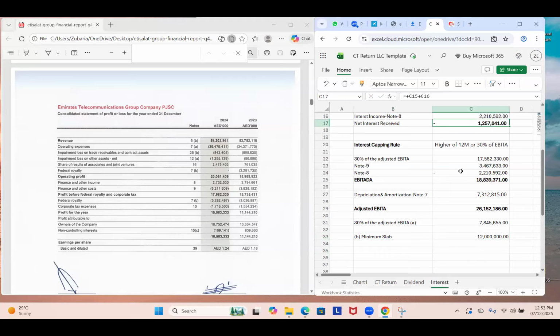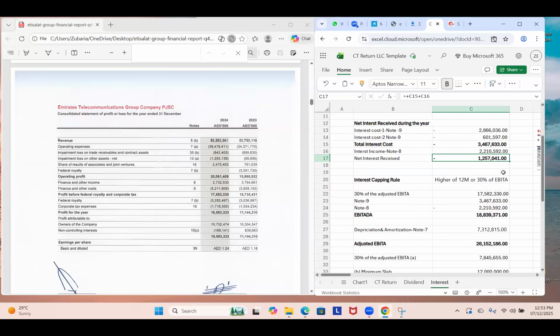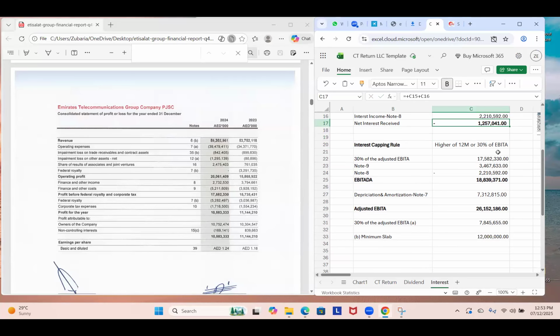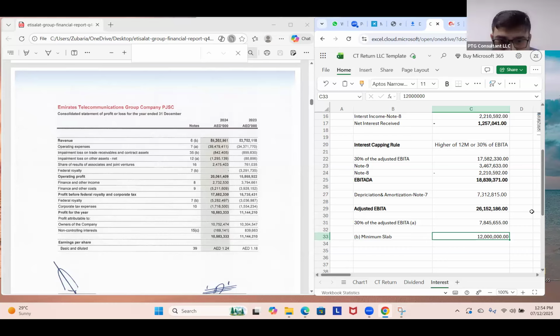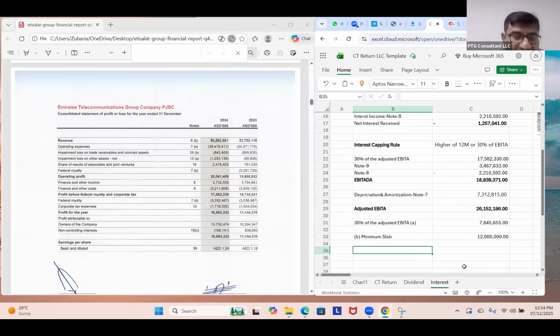Our interest is total 1.2, which is lower. So it is allowed because we have up to 12 million. So the current interest expense is allowed, right?